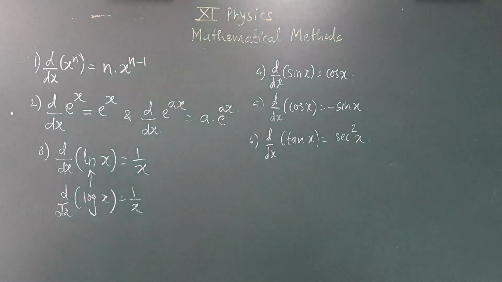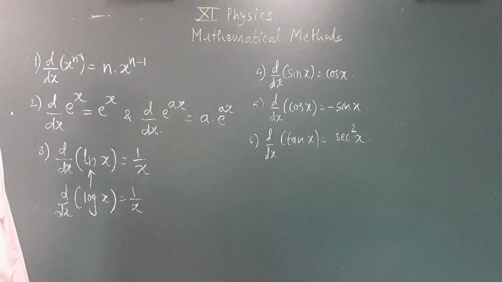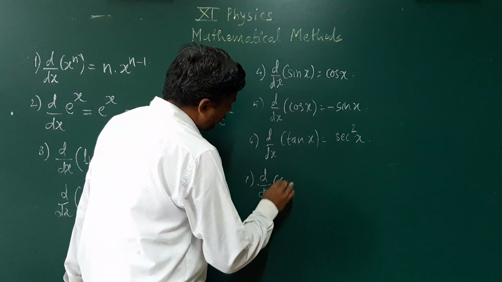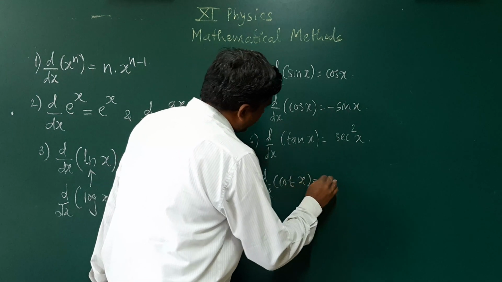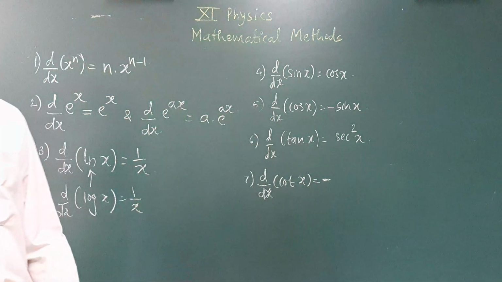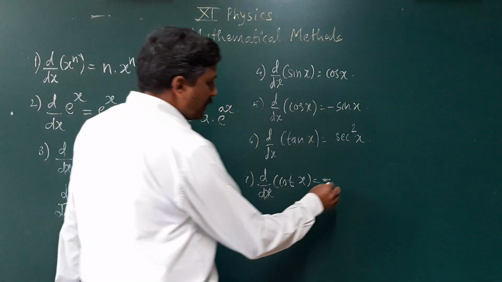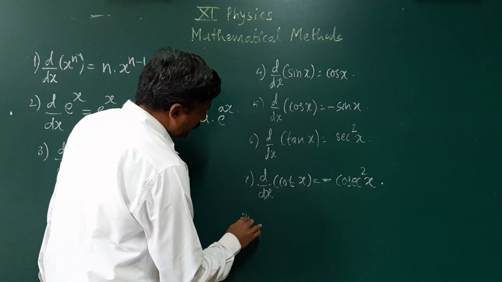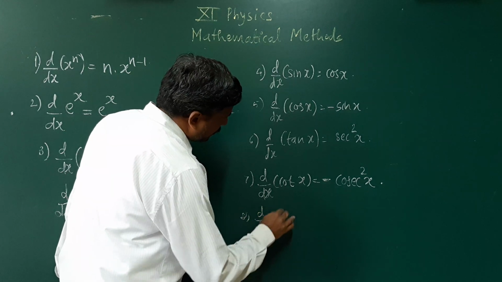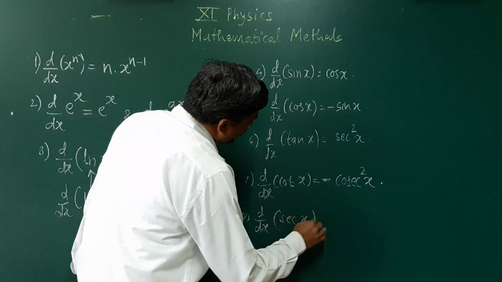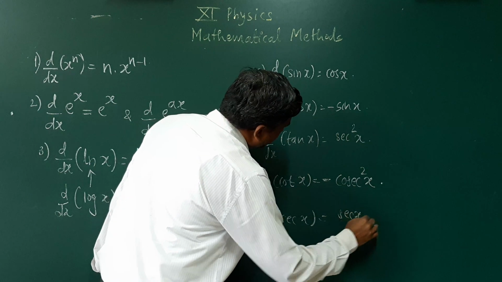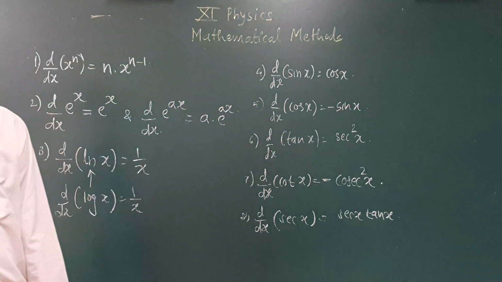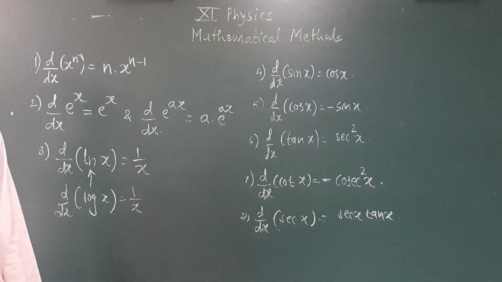Then d by dx of cot x, its derivative is minus cosec square x. d by dx of sec x equals sec x into tan x.